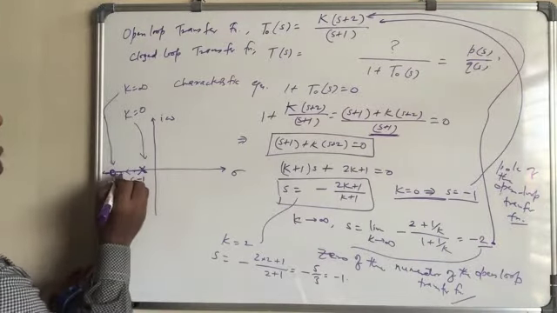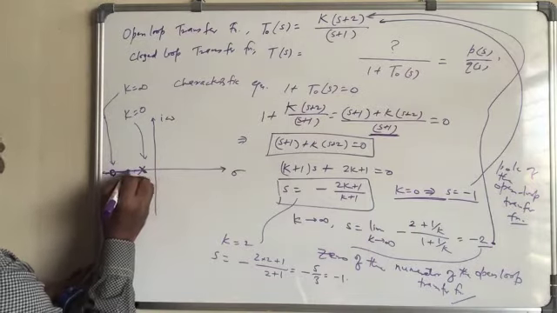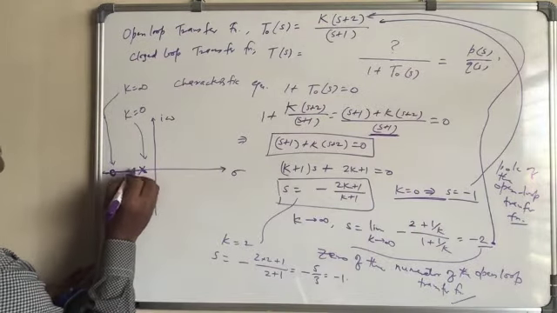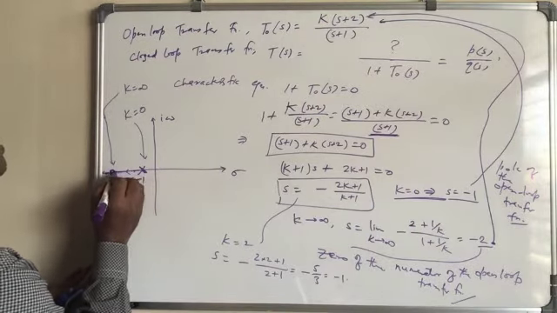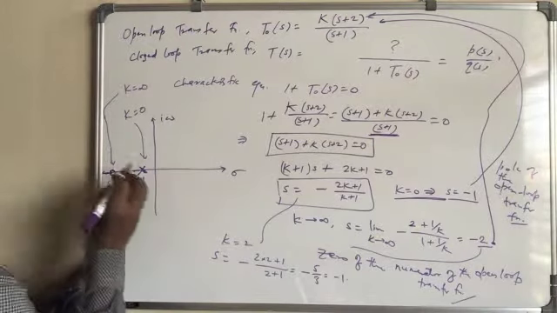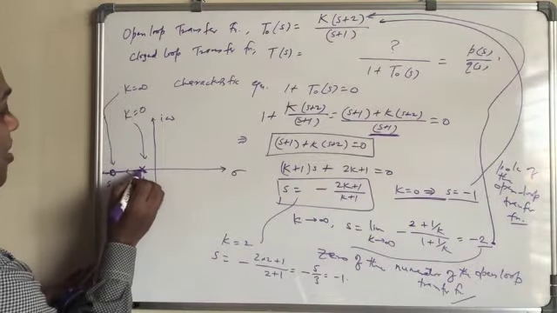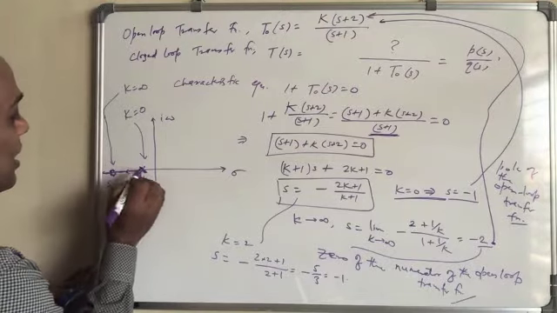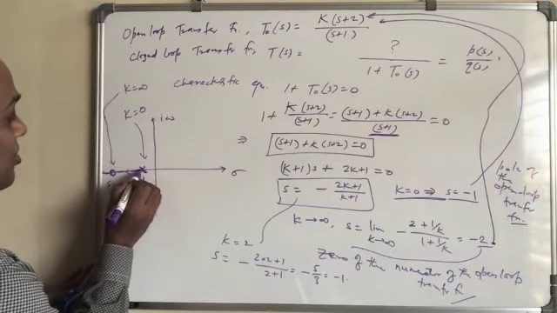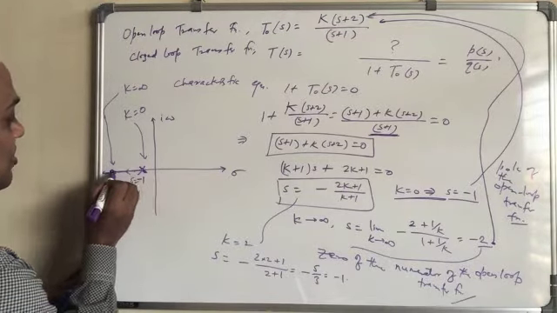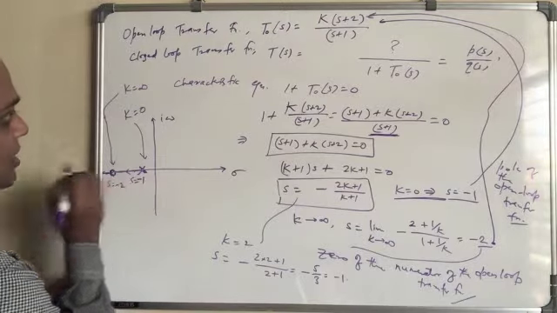If you keep on increasing, you will move this way, very slowly, and at k equal to infinity you have this point. So the value of k will increase from 0 to infinity, and the root will lie between this and this.